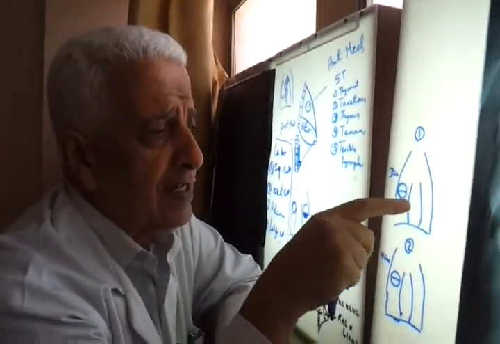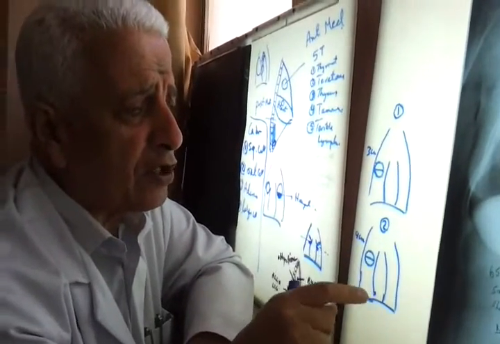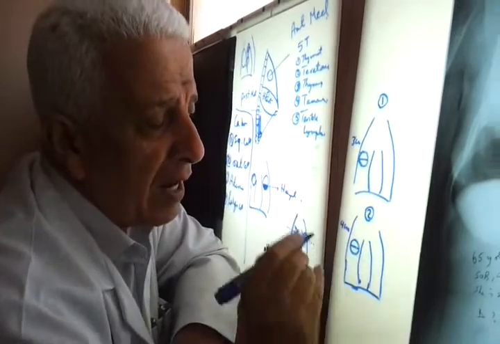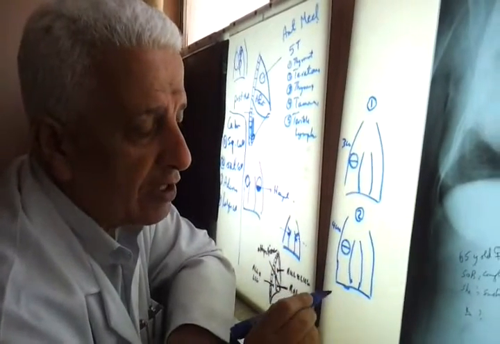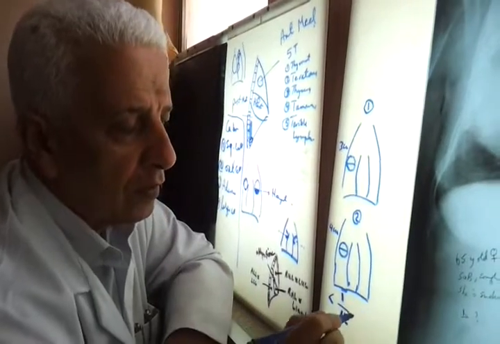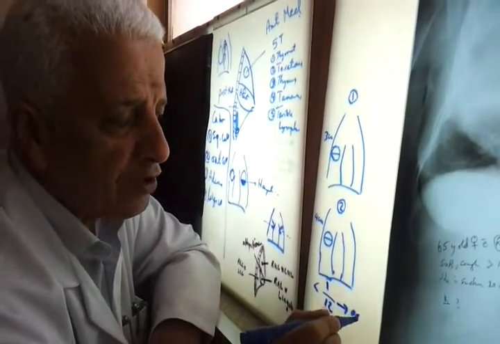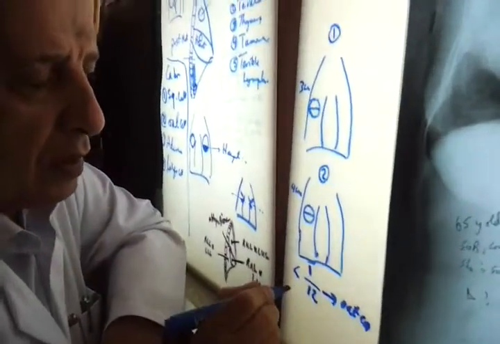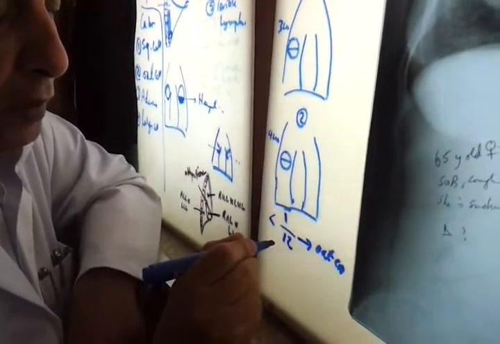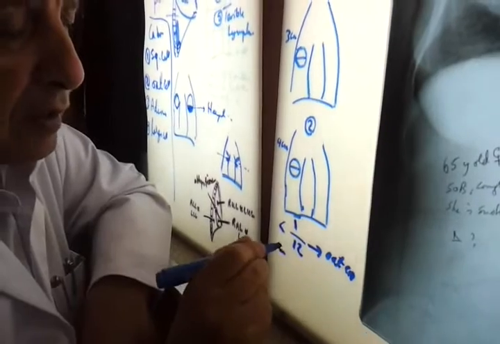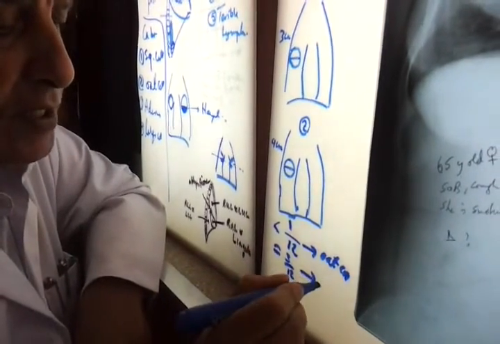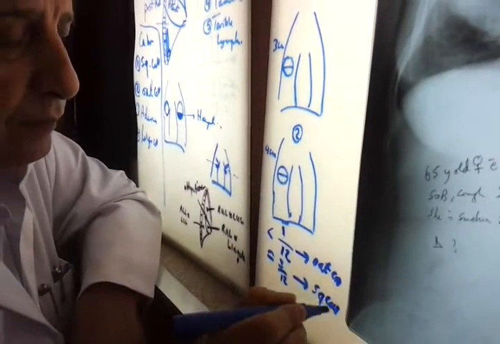Therefore, suppose this is a chest X-ray, the first chest X-ray, and this is the second chest X-ray. We look for the time. If the time between the first and the second is less than 1 month, this is most probably oat cell carcinoma. If it is around 3 months, this is squamous cell carcinoma.